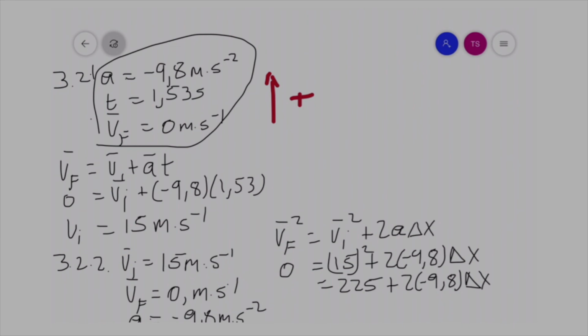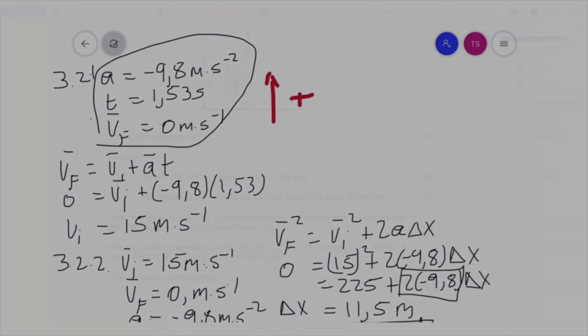I'm going to take the 225 to the other side and then divide by the product of what I get here, and then my change in displacement would give me 11.5 meters. 11.5 meters. That's our answer.